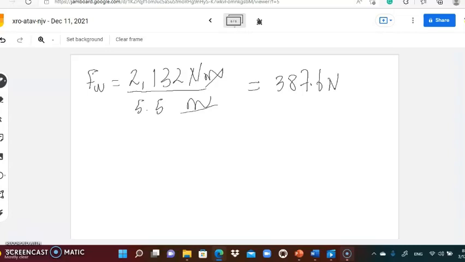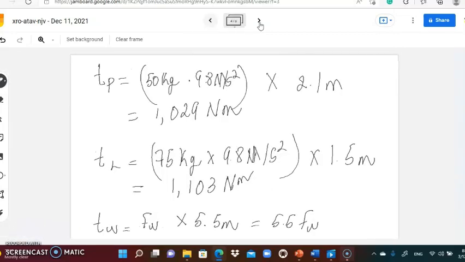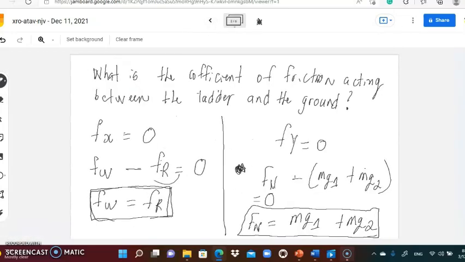And I know that the force being exerted by the wall is going to be equal to the resistance force. So the resistance force is going to be 387.6 newtons. And this is based on the sum of forces, of course, in the x direction.